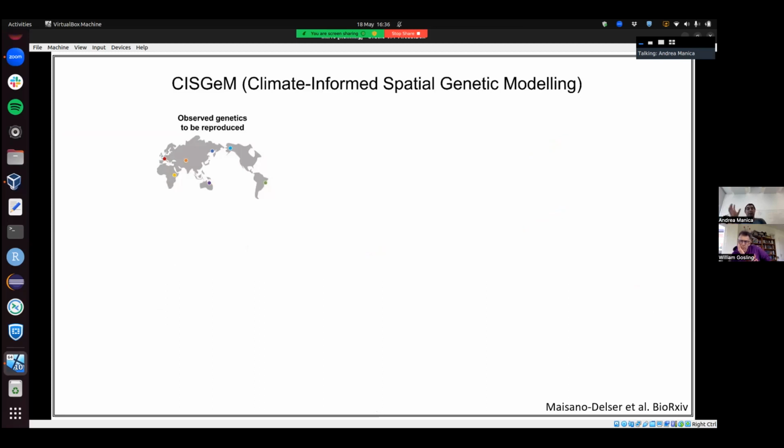And we do that through a series of approaches that we call climate-informed spatial genetic models, or SysGem to keep it short. So the idea here is that you can take a number of genomes. In this case, we got a bunch of mostly ancient genomes before food production. We have a couple of contemporary hunter-gatherers for the areas where we don't have any ancient genetics.